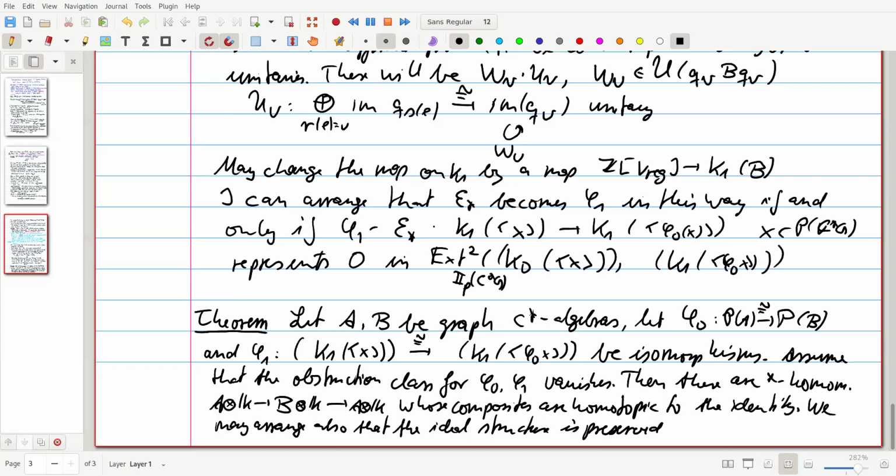If a graph C-star algebra has ideals that are not gauge invariant, this means that they are circle components or subquotients, let's say. So, for instance, functions on the circle would be a graph algebra. It's kind of the Cuntz algebra O_1.